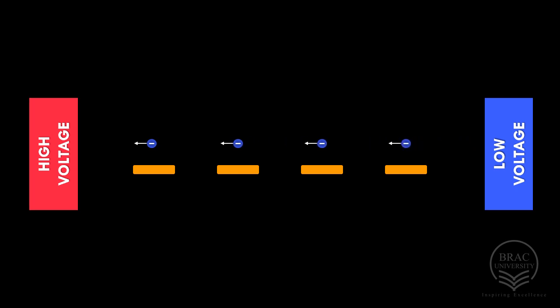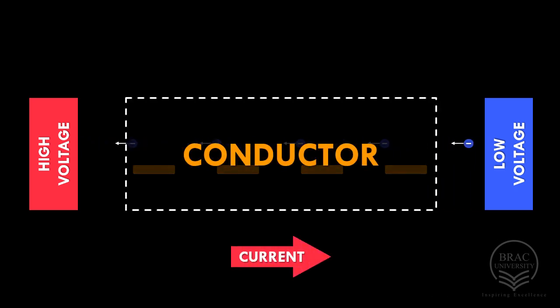And this system keeps propagating through the whole conductor. All of this happens really fast, and that's why we use electricity in the first place. Still, the electrons have to stop at every atom even if it's for a fraction of a millisecond. But from outside of the conductor, this is what it looks like.